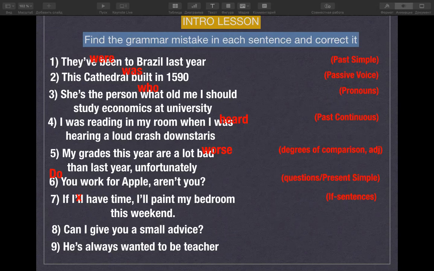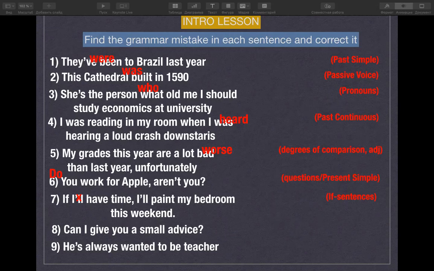В русском языке мы, конечно же, говорим в будущем времени, а в английском языке мы права такого не имеем. If I have time, если у меня будет время, переводим на русский будущем, а в английском: if I have time, I'll paint my bedroom this weekend. Или же сравните, когда у меня будет время, я покрашу свою комнату. When I have time, I'll paint my bedroom.